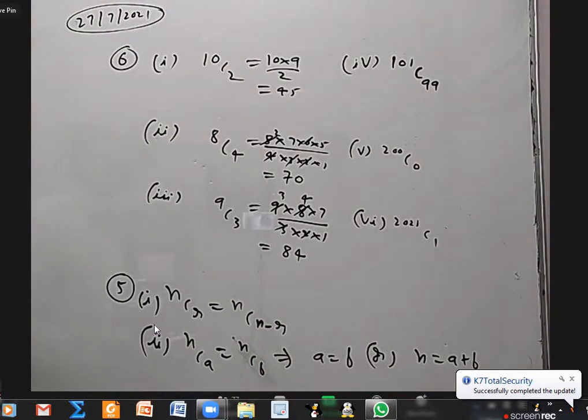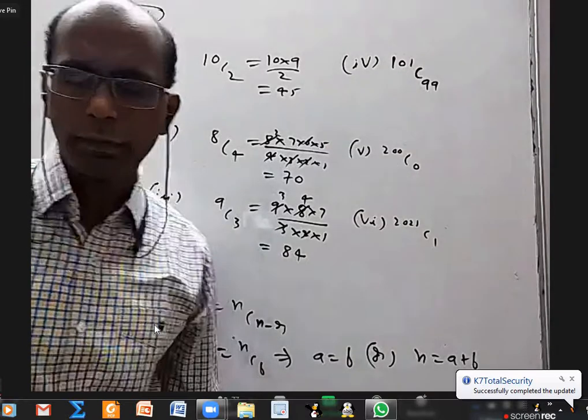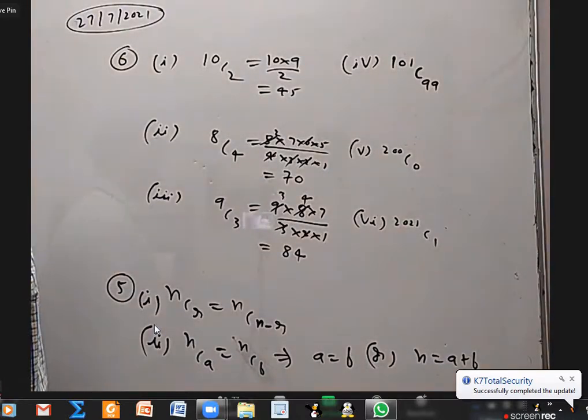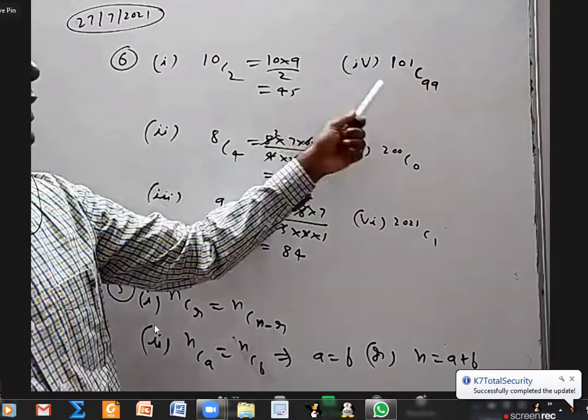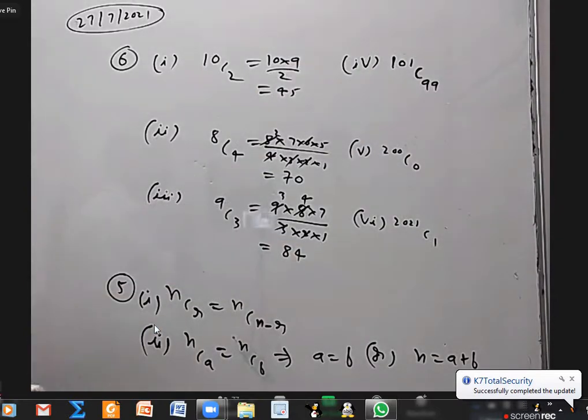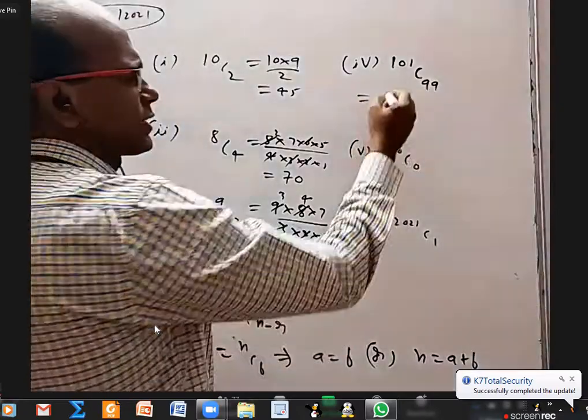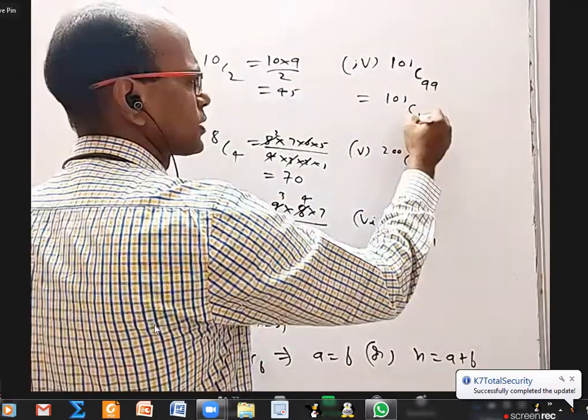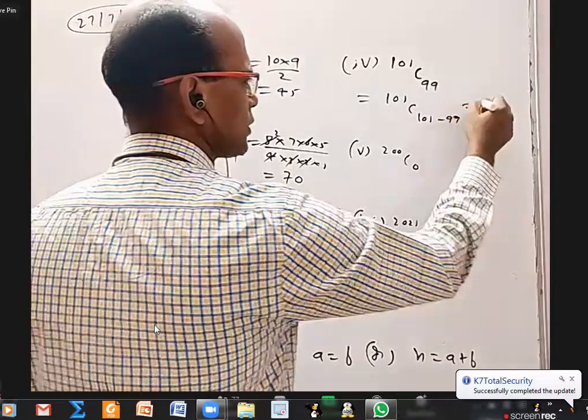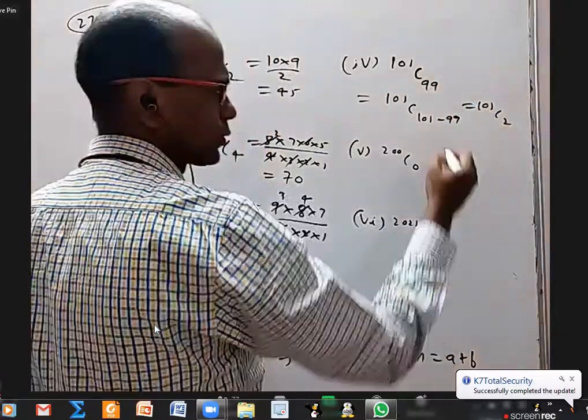Okay. How to do 101C99? If you directly write starting from 101, 99 numbers by 99 factorial, you get same answer, but it is lengthy. First of all, use the nCr equal to nC(n minus r) formula. 101C(101 minus 99), 101C2.